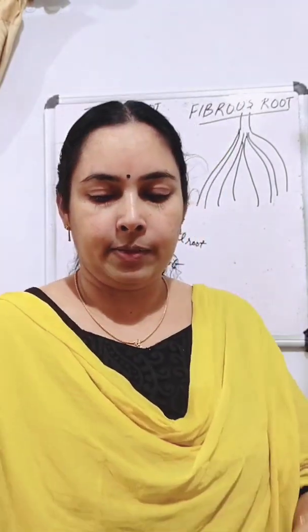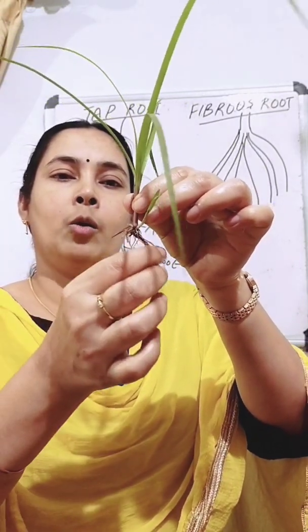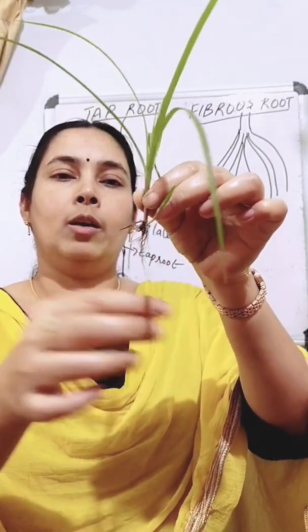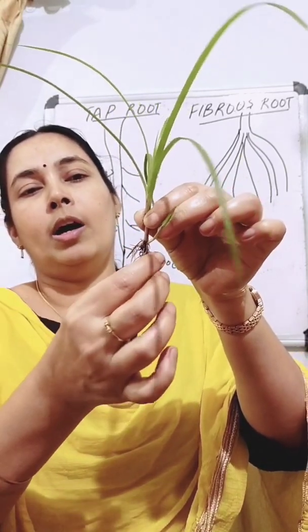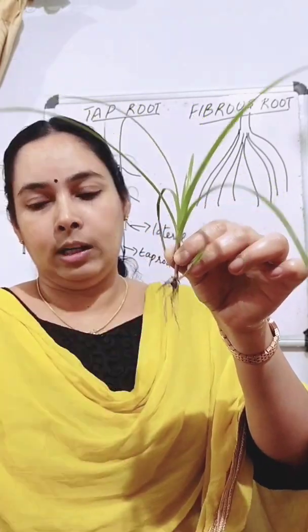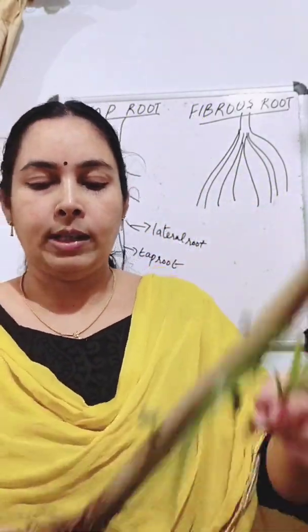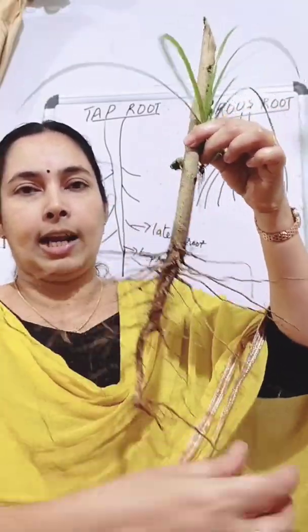Then you can see here in this plant, no thick main root in the middle. All roots arise from the base of the plant and all have same size also. Here you can see one thick main root, and from that smaller branches are arising.